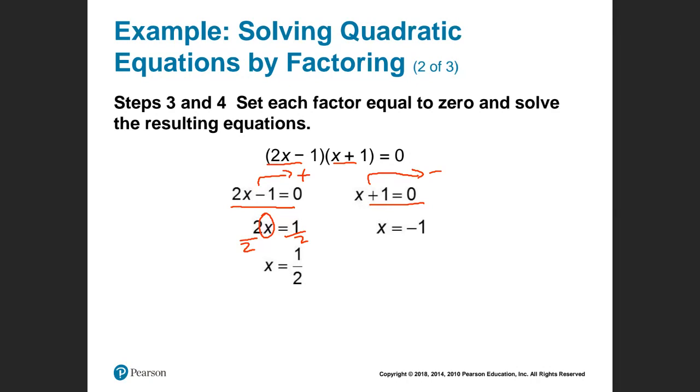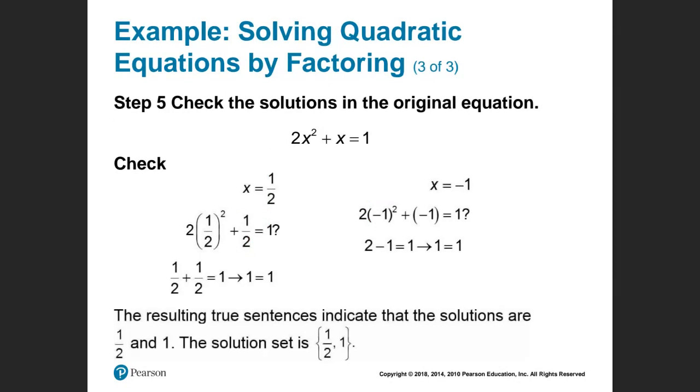Step 5: we have to check our answers. Check for x equals a half. Just substitute, or replace, x with a half. So 2 times a half squared plus a half equals 1. Let's double check.